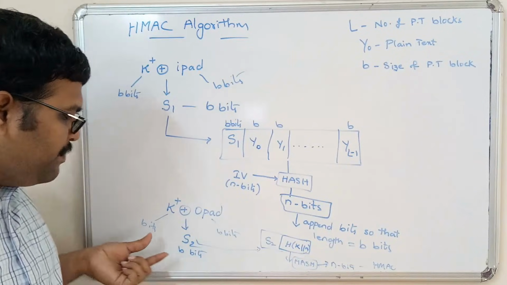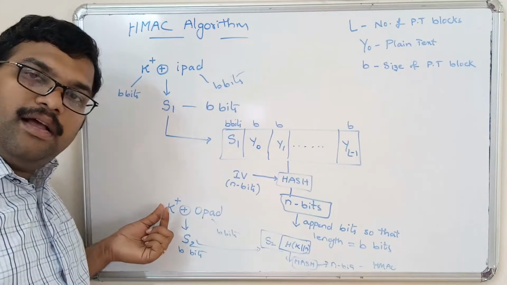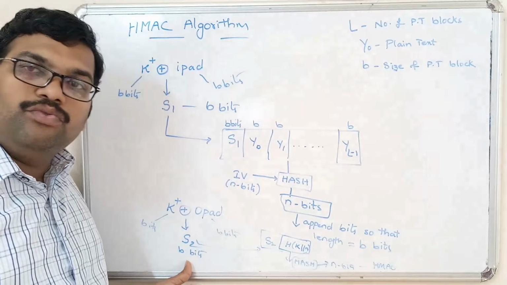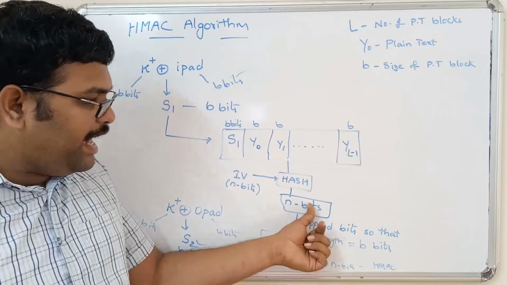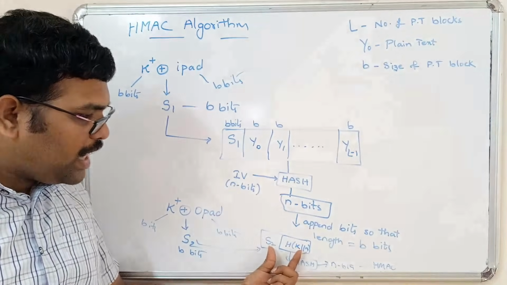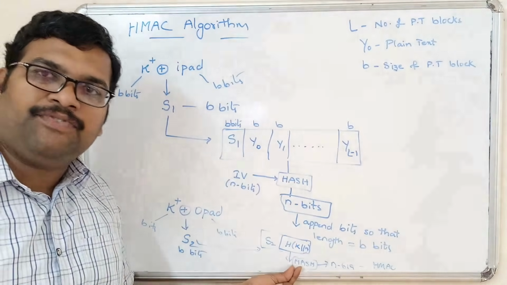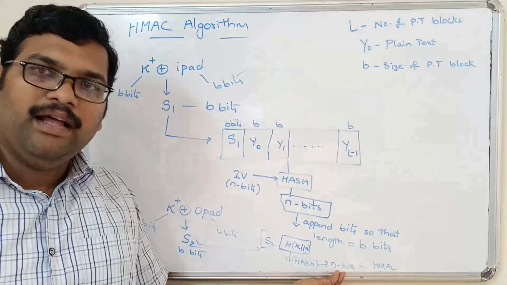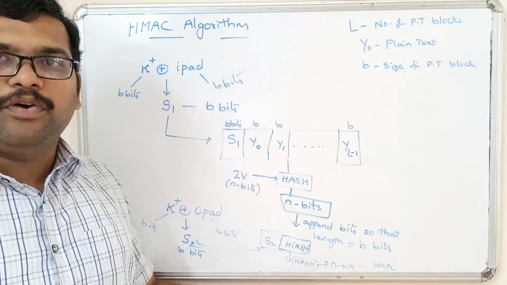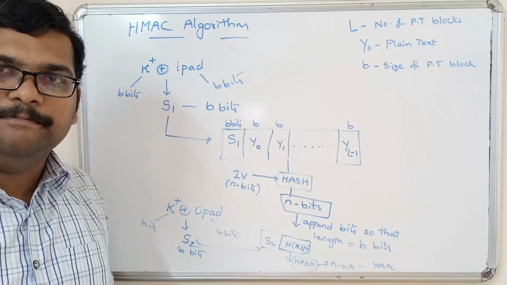S2 is generated from XORing K plus with OPAD, so we will get S2, which is of B bits. So again the n bits are appended so that the length will be equal to B bits. Both are appended, and again we apply the hash function so that we get n bits output, which is called the hash code. That is the output of the HMAC algorithm.